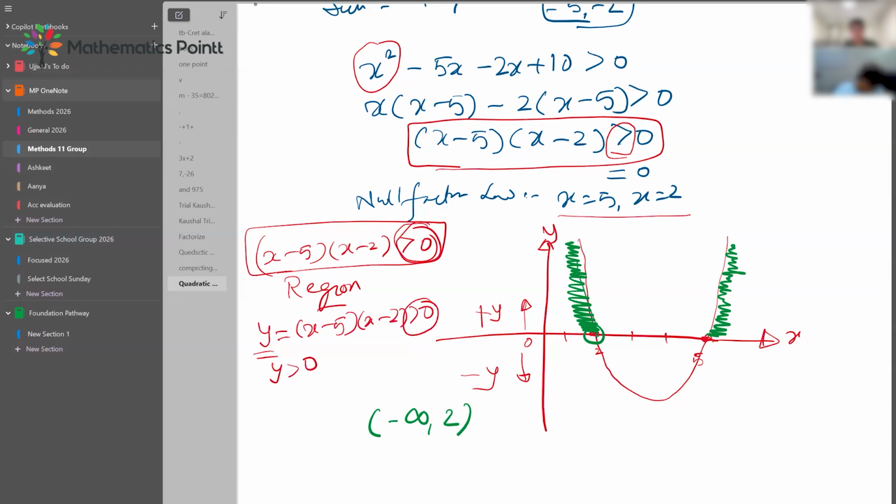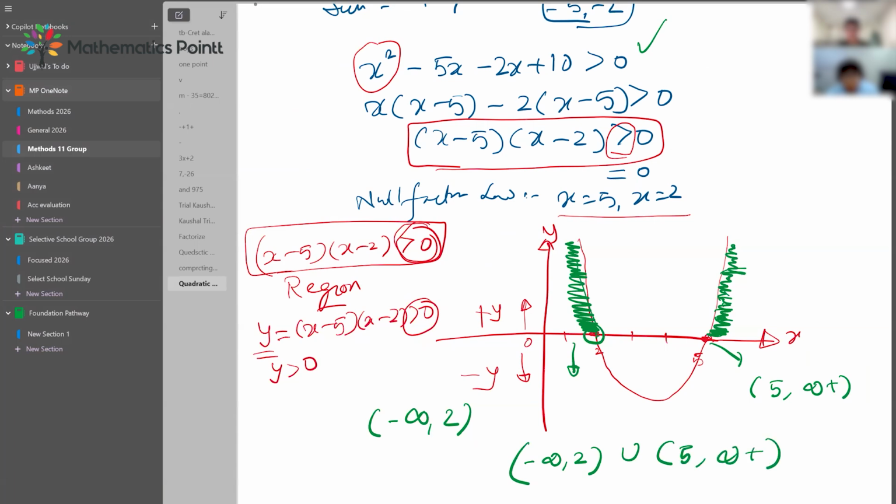The moment it goes beyond 2, the quadratic slides into the negative region of y, which I'm not interested in. You're getting my point? All of you, thumbs up, right? And on the other side, if you look here as well, this portion is from 5 to positive infinity. So the solution to this inequality is negative infinity to 2 union 5 to positive infinity.